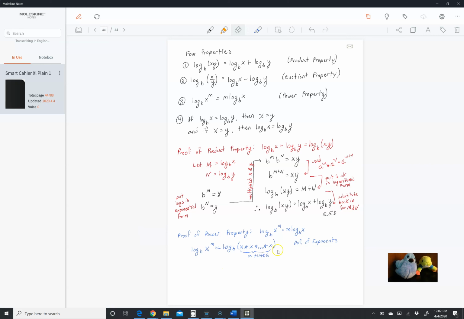X to the m is the same thing as x times x times x, m times. But then this could be rewritten using this law right here, which we just proved. So this is equal to log base b of x plus log base b of x, and we keep going, plus log base b of x. And there were m x's, so this is happening m times.